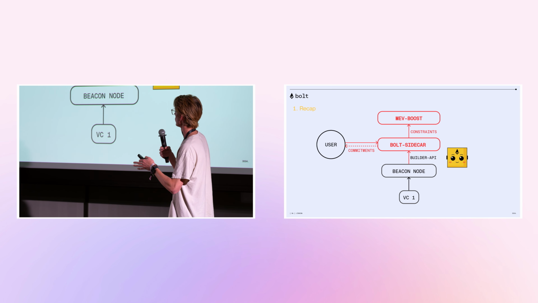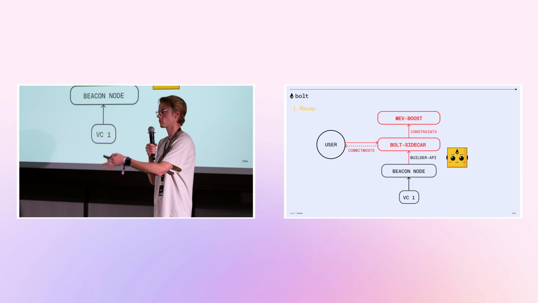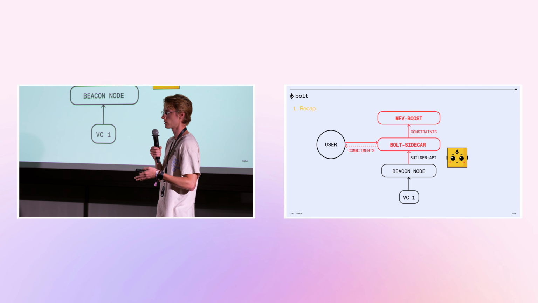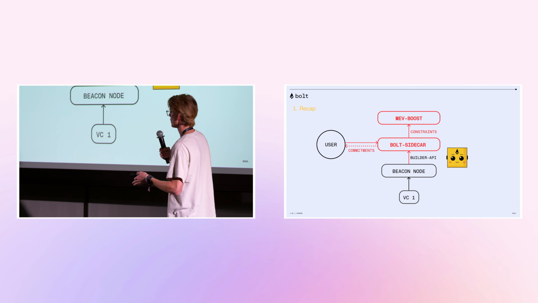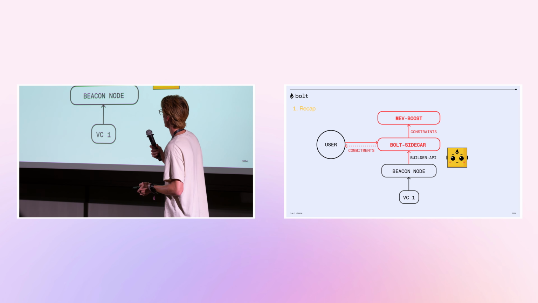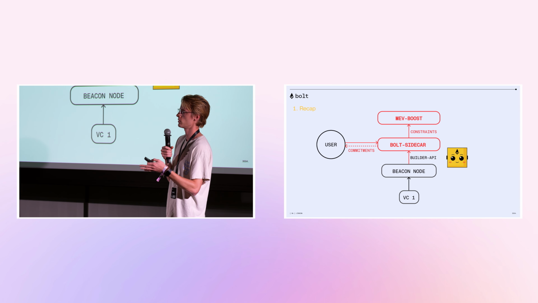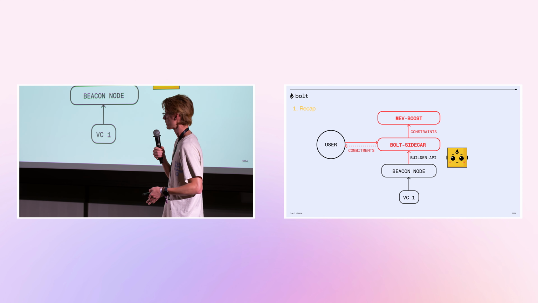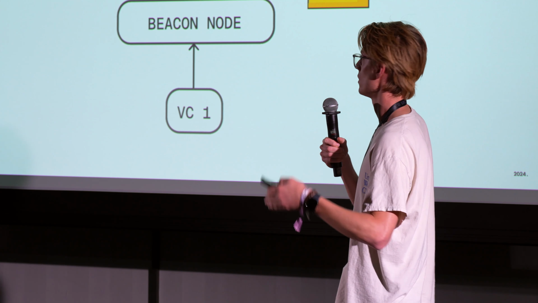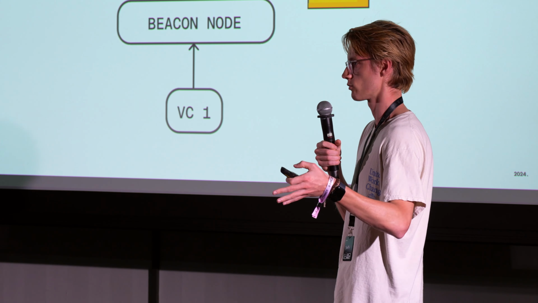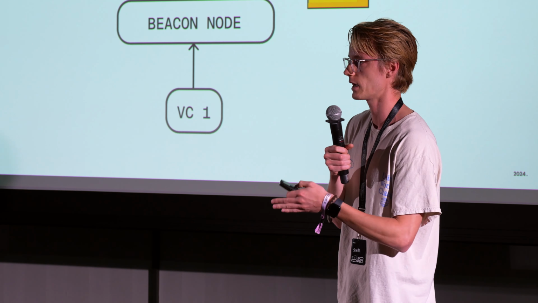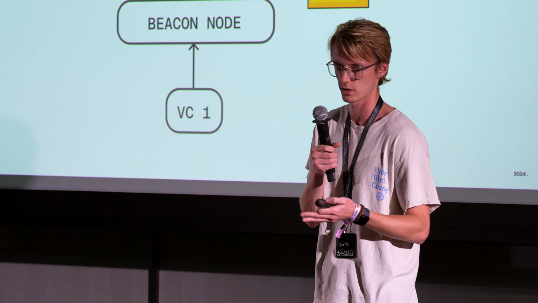Constraints are messages that you send down the PBS pipeline to tell the builder, hey, these are the transactions that I have committed to, and they need to be included in the block. Otherwise, there's a problem. We've extended the MEV-Boost API with these endpoints for communicating constraints, as well as a modified get header with proofs call, just to make it completely objective, so the sidecar can verify any incoming proofs of constraint validity.